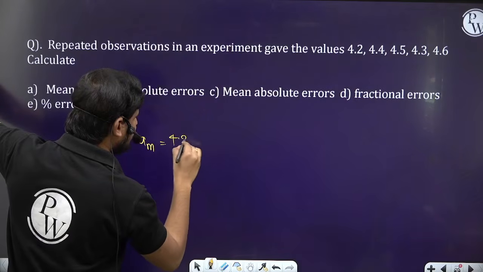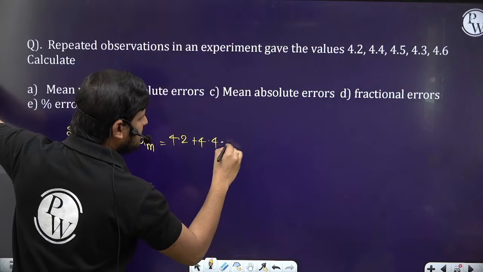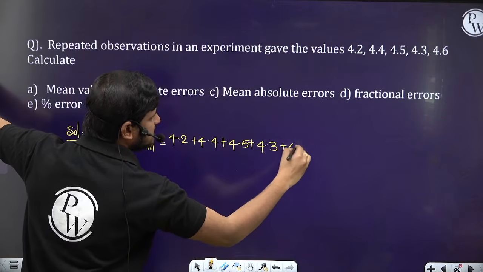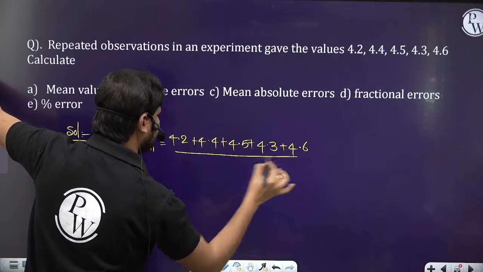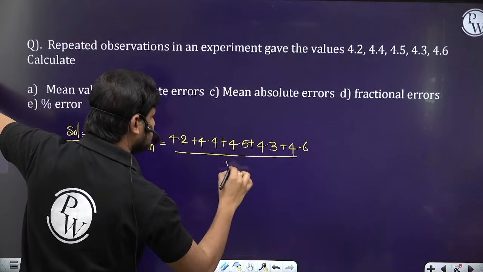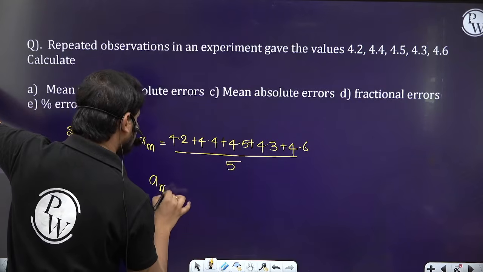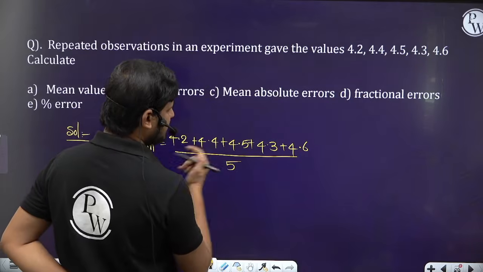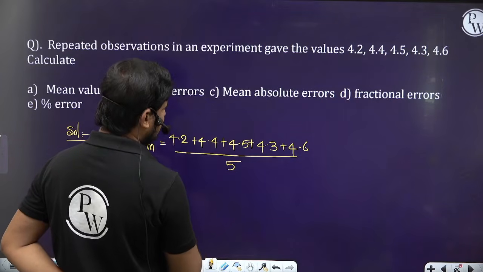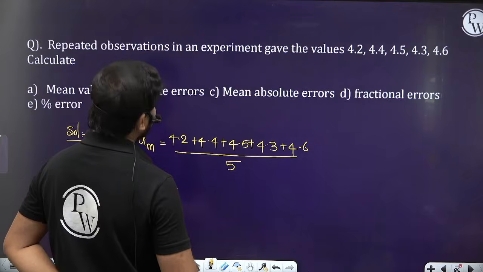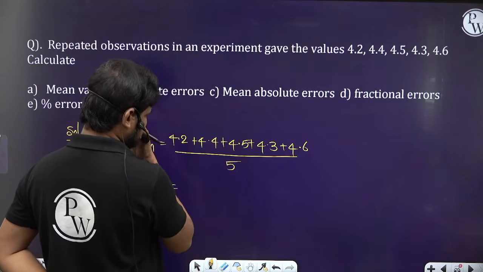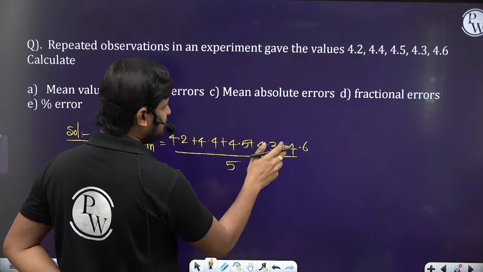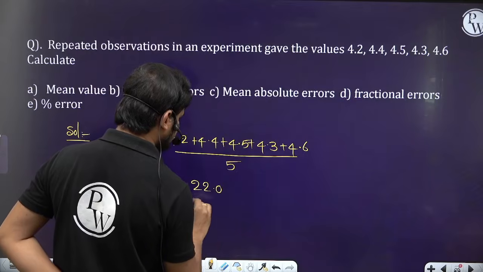So 4.2 plus 4.4 plus 4.5 plus 4.3 plus 4.6, divided by 5, which is AM. Just add these. We get 22.0, divided by 5.